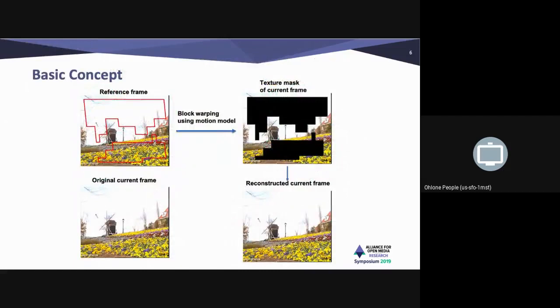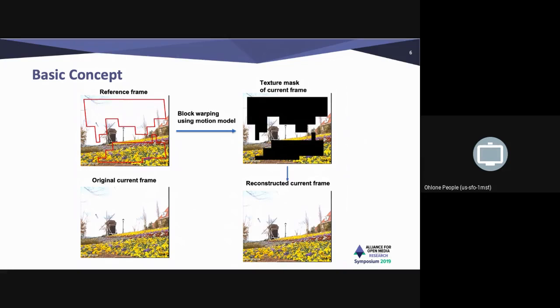All right, so let me talk about the basic concepts. The idea here is that we first want to spatially identify the potential regions where we can enable our mode in the current frame we're coding, and then find similar regions in the reference frame. Now, instead of going through motion compensation and 2D transforms, we're going to skip all of that and instead use a motion model to represent this region.